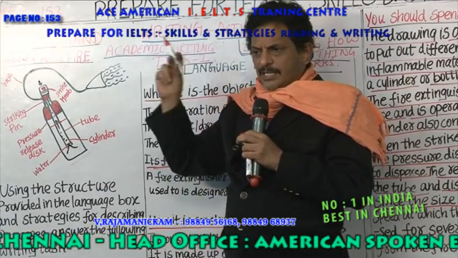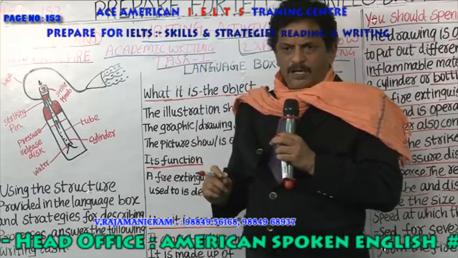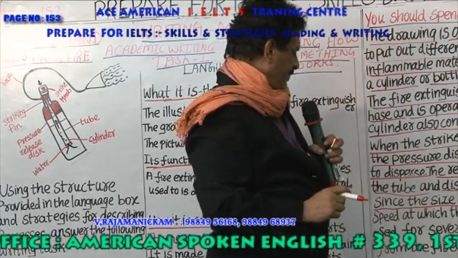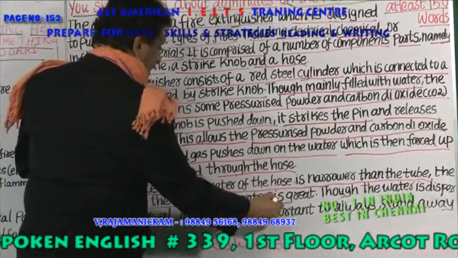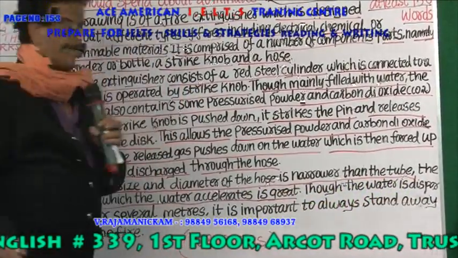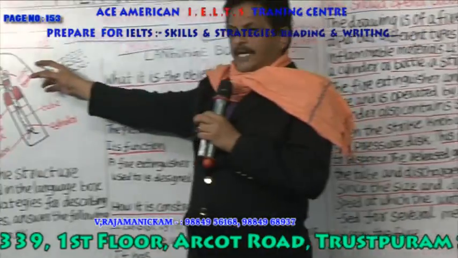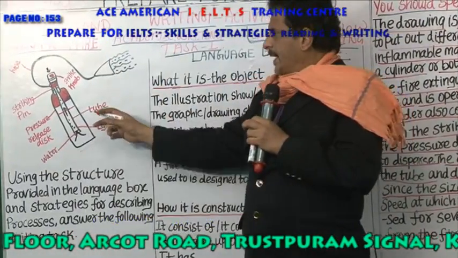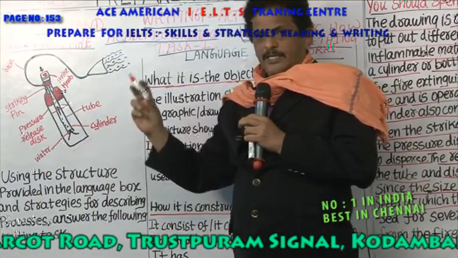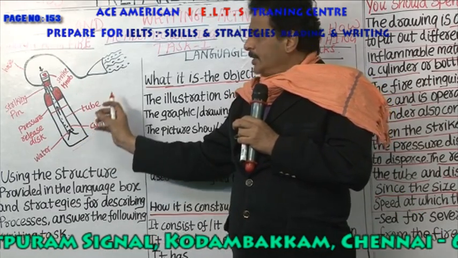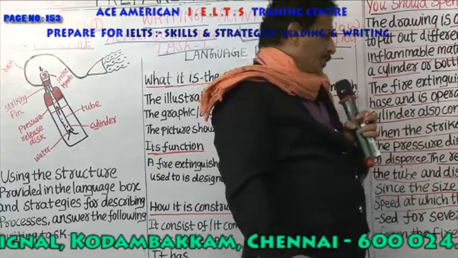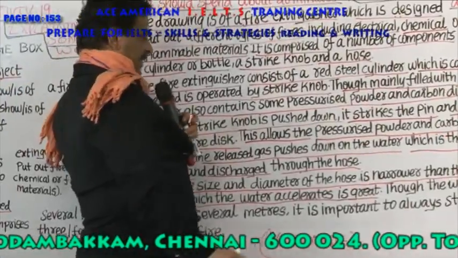The hose is short, the diameter is small. So what happens? The speed at which the water accelerates is great. Because the diameter of the hose and the knob opening is small, and the cylinder's diameter is bigger, the water is pushed up and the force accelerates.